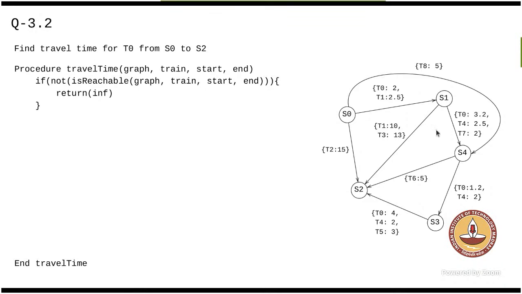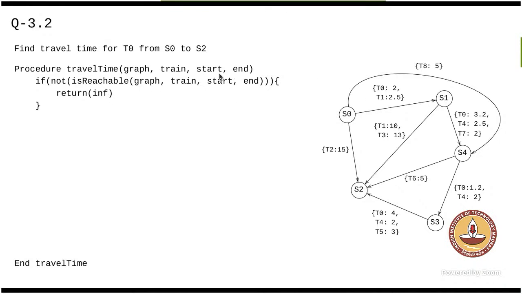Because we have already written this reachable function, you are going to ask: if S2 is not reachable from S0 using a particular train, then it will take infinite time to reach it. You never reach.